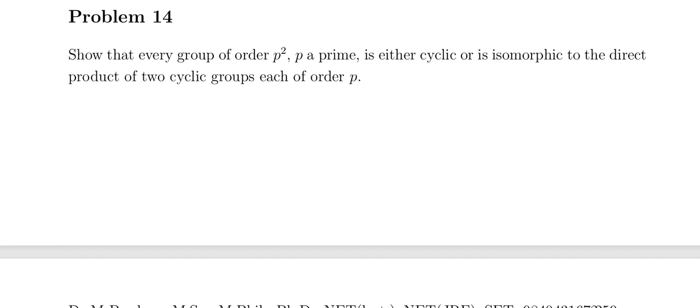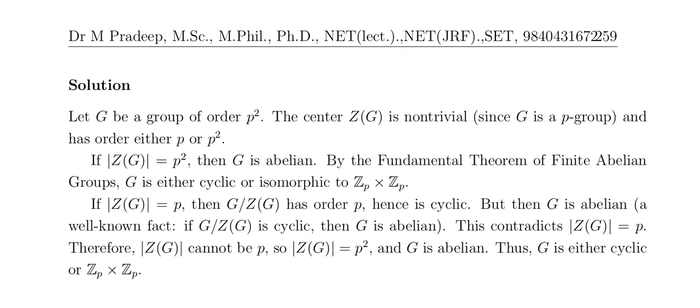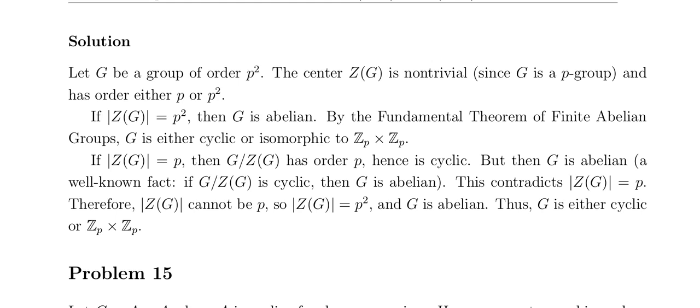And every group of order p square, p a prime, is either cyclic or isomorphic to the direct product of two cyclic groups each of order p. So let G be a group of order p square.